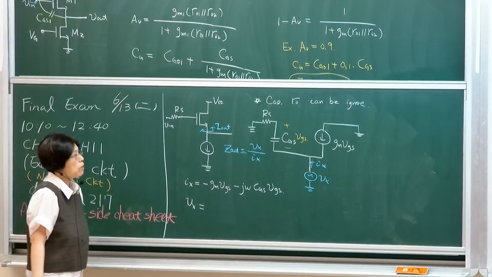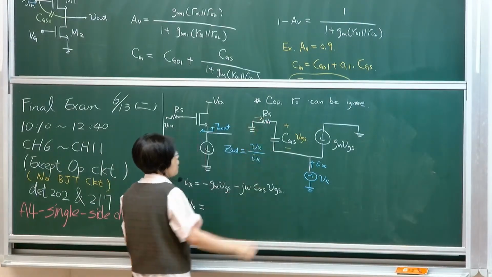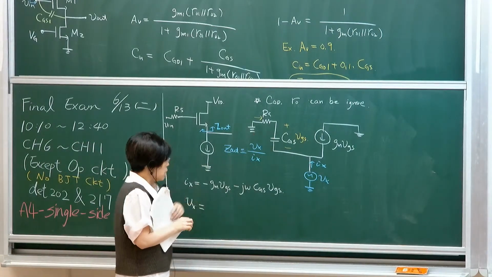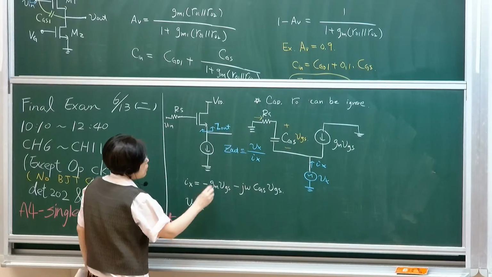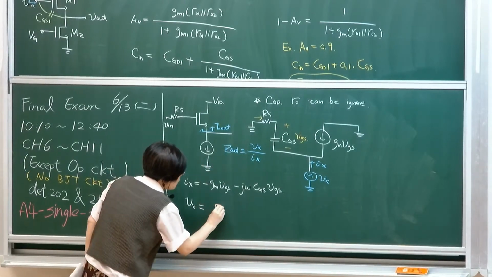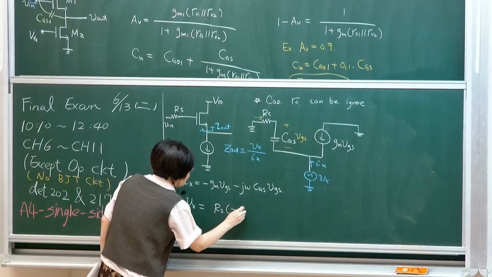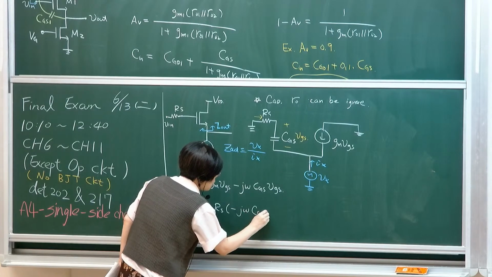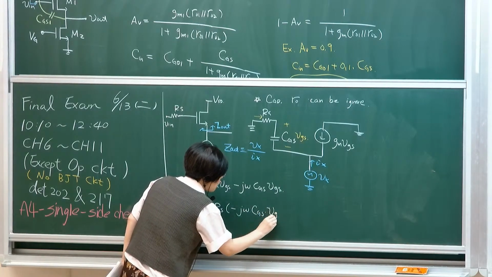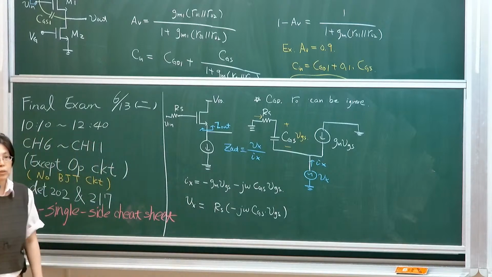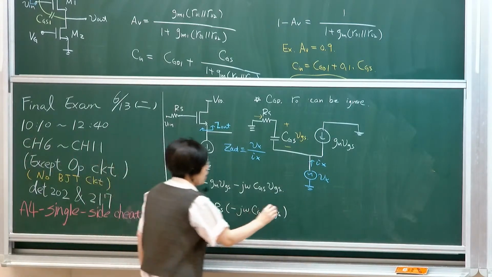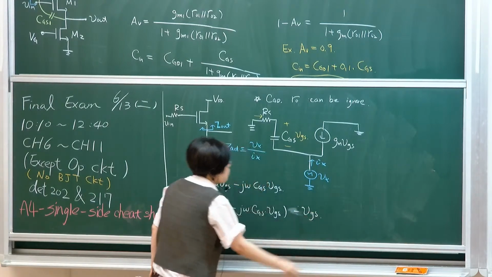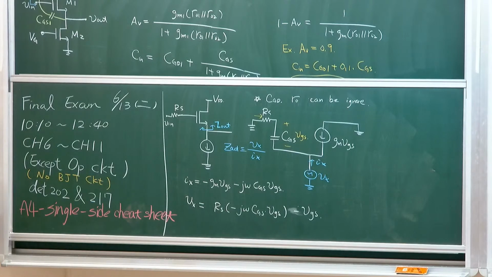So there's only one branch of current passing through Rs, that's the j omega current, the same current passing through this capacitance. So the voltage on Rs will be Rs times the current, minus j omega CGS VGS. There's a voltage across Rs and also plus another VGS. This is mainly because of the direction of my bias and current.